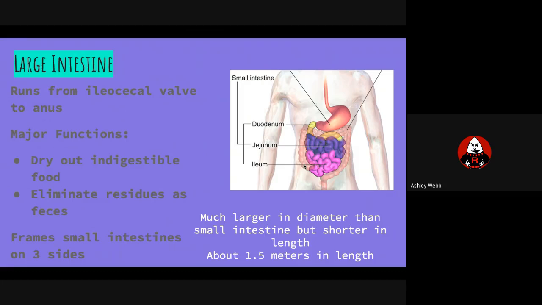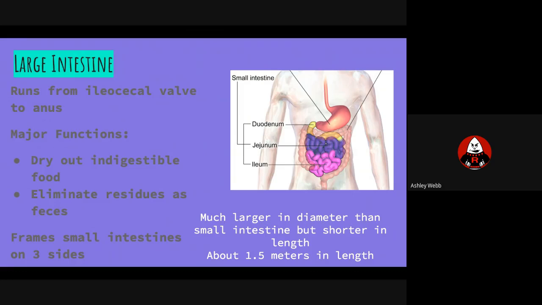This is the large intestine on the outside here, wrapping around the small intestine. It's much larger in diameter than the small intestine, but it's shorter in length. That's why it's called the large intestine, because it's so much bigger in diameter. It's only about 1.5 meters in length.